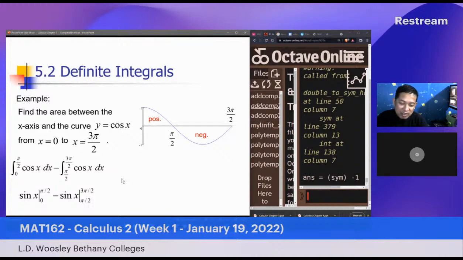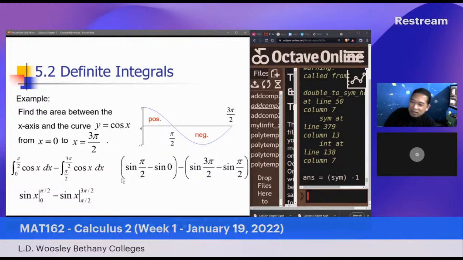Kasi sa positive interval, 0 to pi over 2, positive yun. Bakit minus niya? Kasi negative area. Kaya minus, no? Imbes na positive, negative area siya from pi halves to 3 pi halves. Ayan. So, pero pwede naman diretso. Medyo komplikado lang yung ginawa nila. Ayan. So, 1 minus 0. 3 ang sagot.